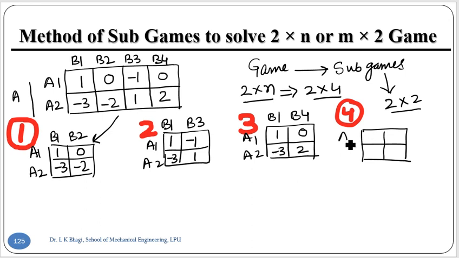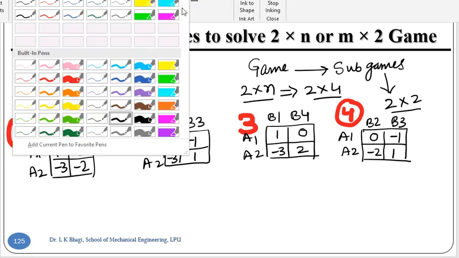That is, it is a1, a2, and over here it is b2, b3, and for b2, b3 it is 0, minus 1, minus 2, 1 over here. This is the fourth subgame.